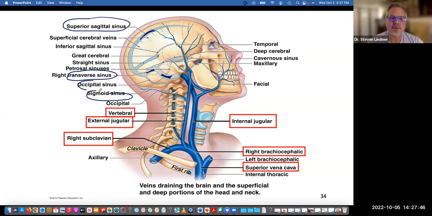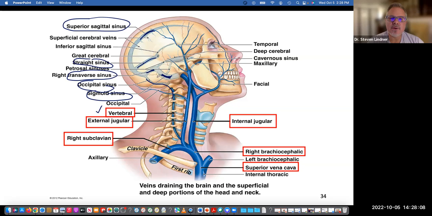Here's the occipital sinus, right? If you look at the occipital sinus, it comes down right into the vertebral vein. Okay. If you look at all of this, here's the straight sinus right there.